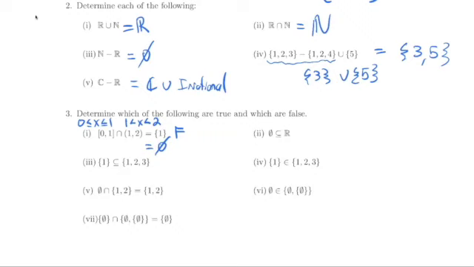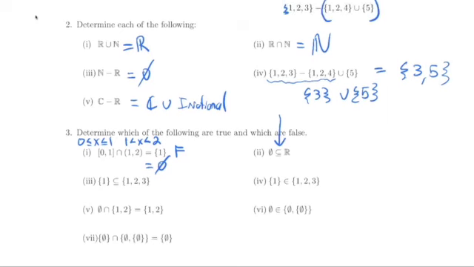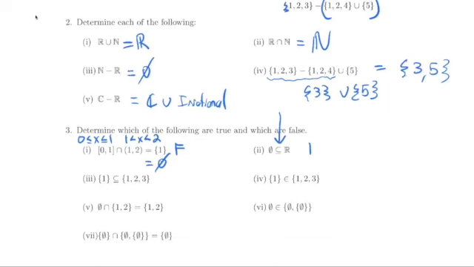Cool. So in 2, empty set, and be careful here. That's not asking is this in the set. This is saying, is the empty set a subset of the real numbers? In other words, is every element in the empty set an element of the real numbers? Yeah, so that is actually true because there's nothing in the empty set.